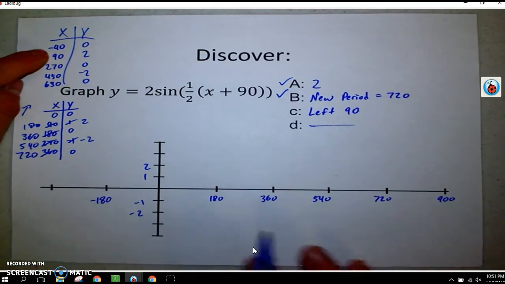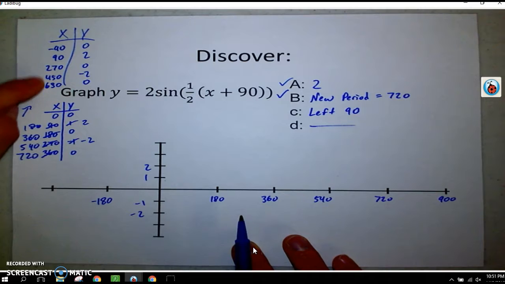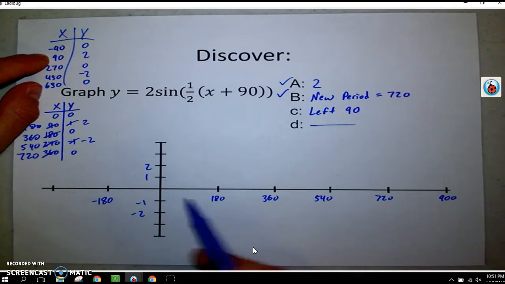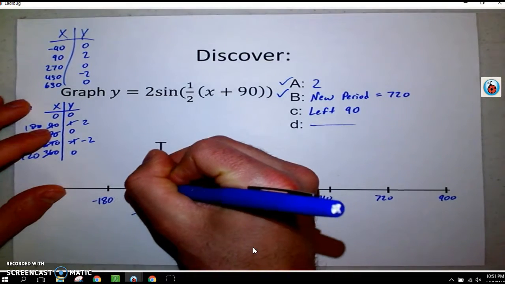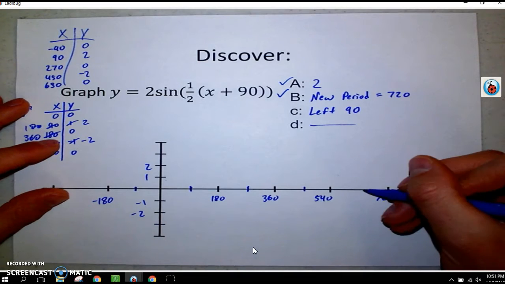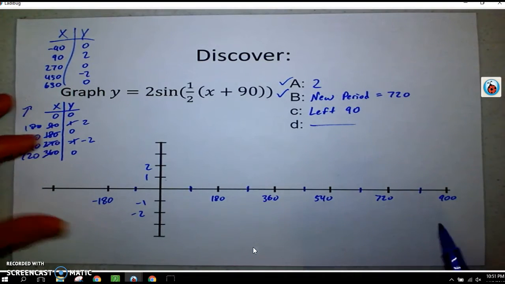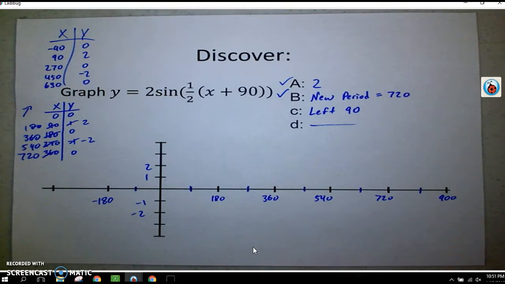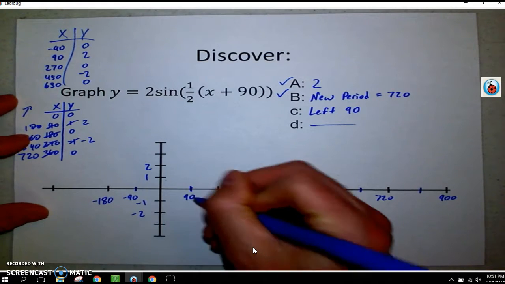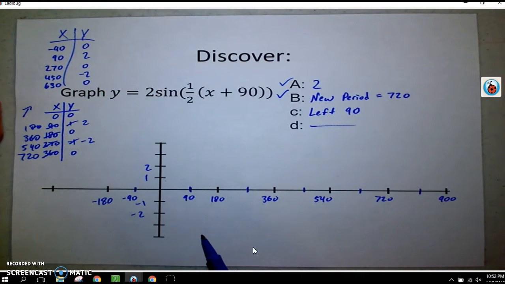But now what you'll notice here is that with this table of values, I'm going to have some multiples of 90 that are not going to be on these tick marks here. So I will need to take that into consideration, and I'm going to add a couple of markings to my x-axis here. And I'm also going to write all of those down. So negative 90 and then 90, where my point will be.